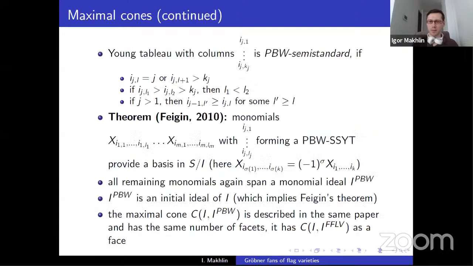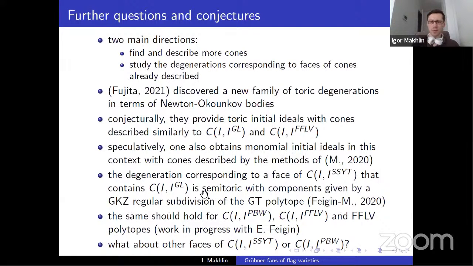And Zhenya Fagin and I have characterized those; we have described what they look like. They are semi-toric, specifically this bullet point here. So all of these degenerations are semi-toric.